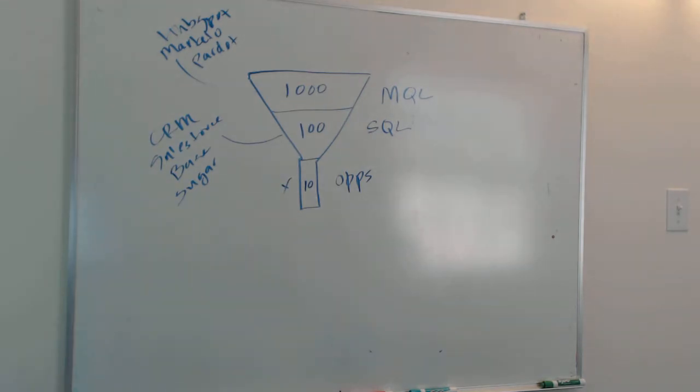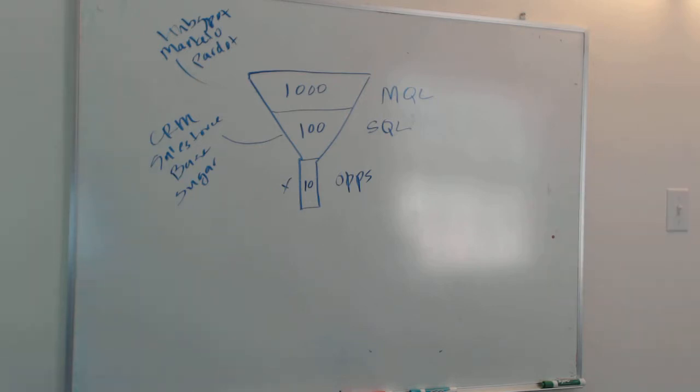I shouldn't say client. So we have a group of leads that have been passed from marketing to CRM, and now we're trying to move those people into the opportunity stage. CRM, Salesforce, Base, Sugar, all very awesome at keeping track of activity records and at all the finite levels of communication back and forth between the salespeople and the potential client.